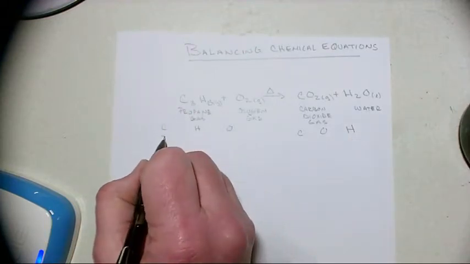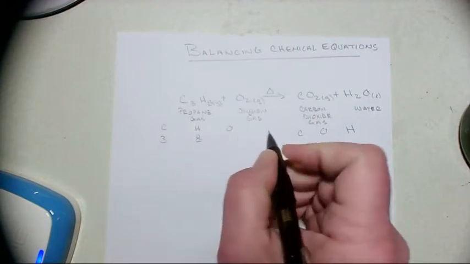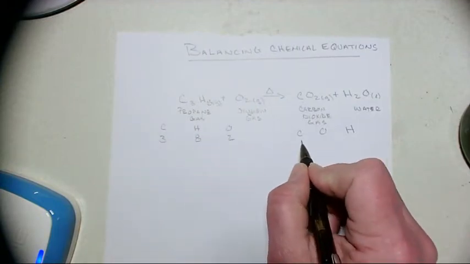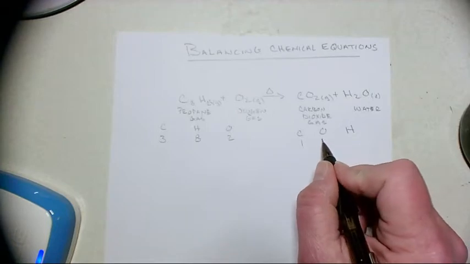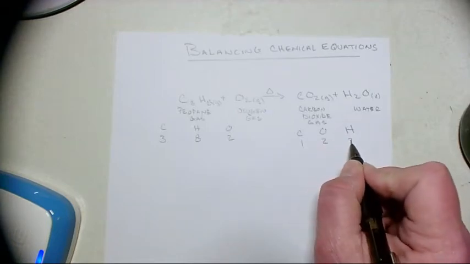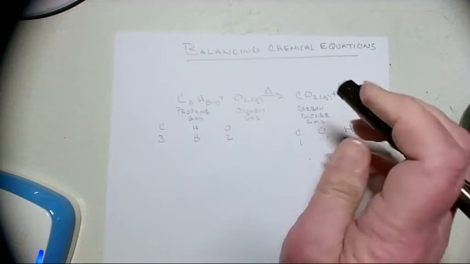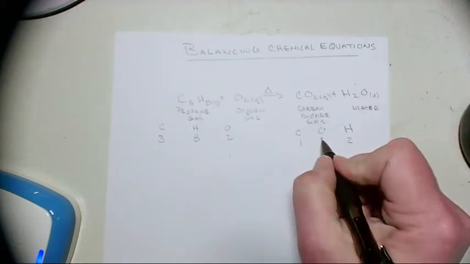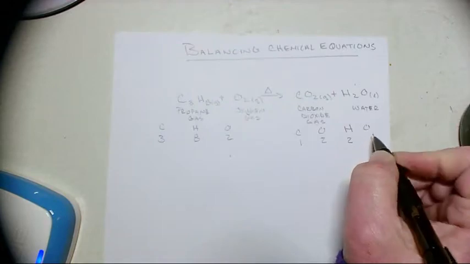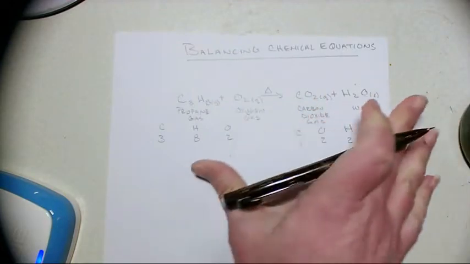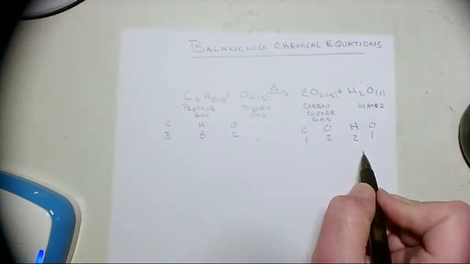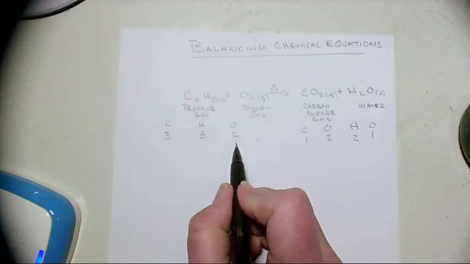We have 3 here, 8 here, 2 here, 1 here, oops, that's going to be a problem, 2 here, 2 here, oops, forgot that last oxygen. Actually, we'll go ahead and treat them separately, and 1. So I actually have 3 oxygen on this side, and only 2 on this side.